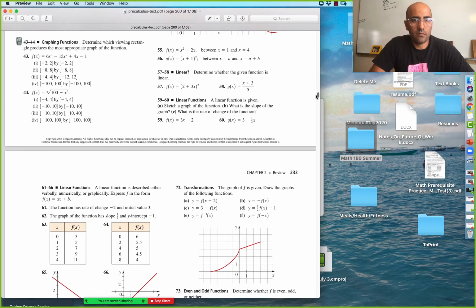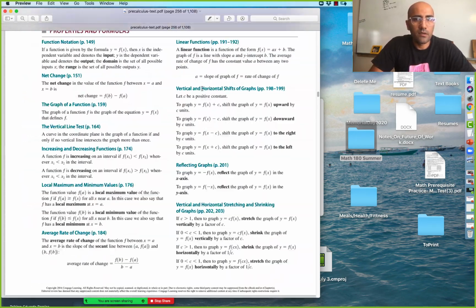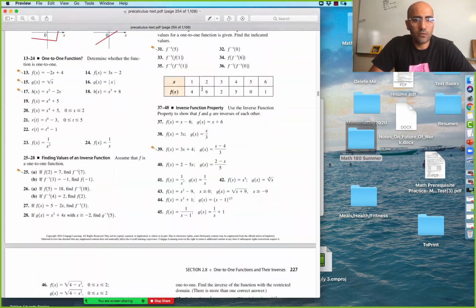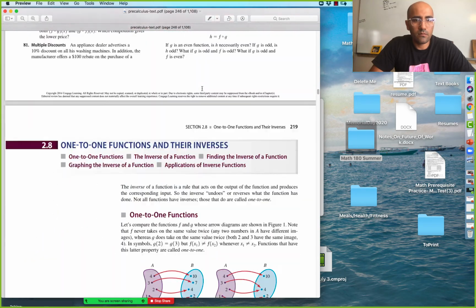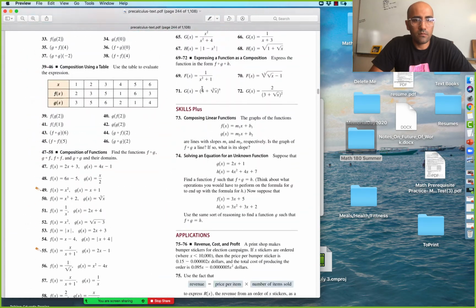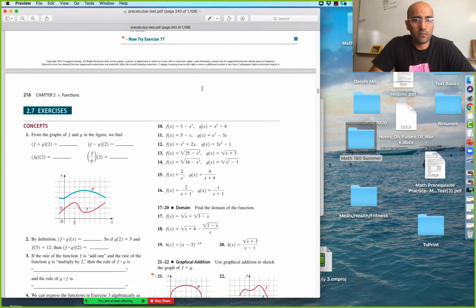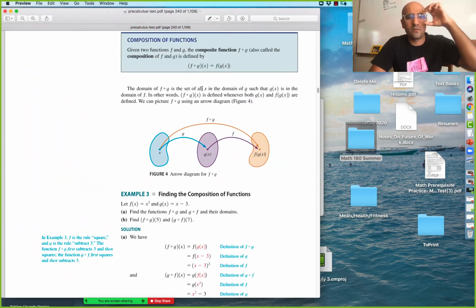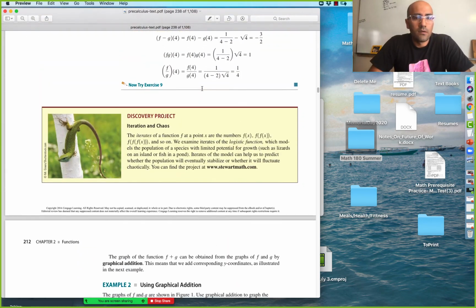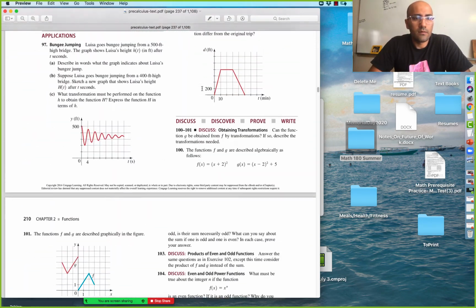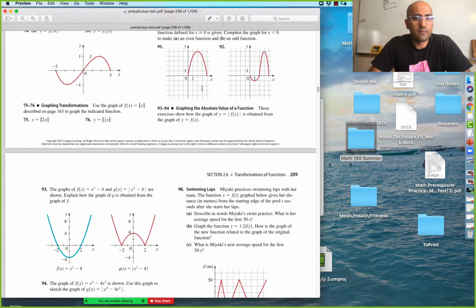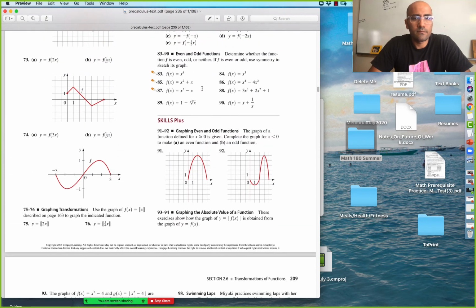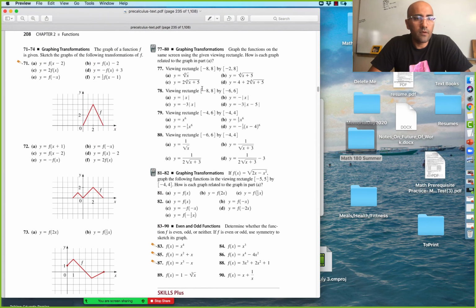Really good one. Oh, I hate these things. One-to-one function. Combinations of functions. Here we go.